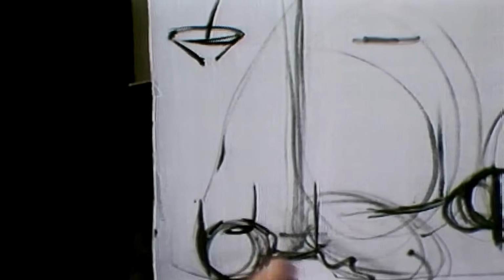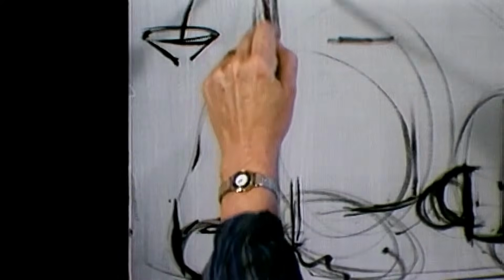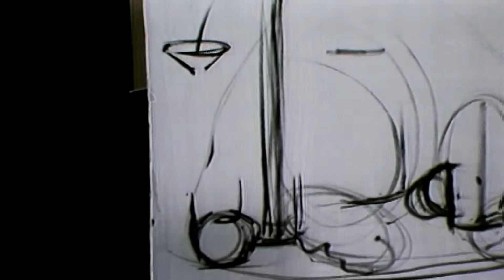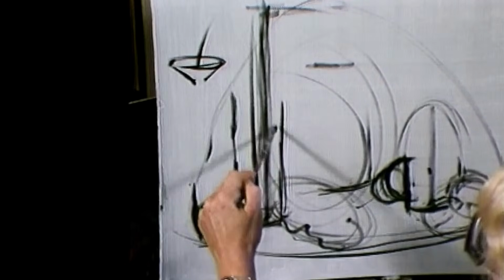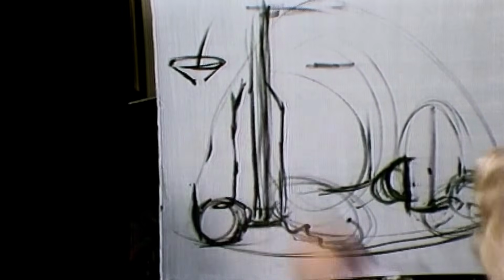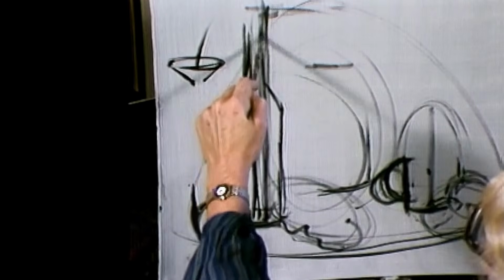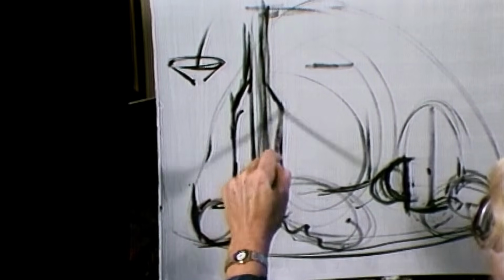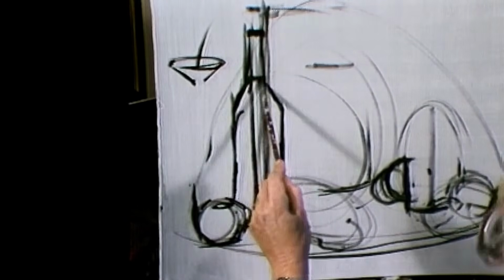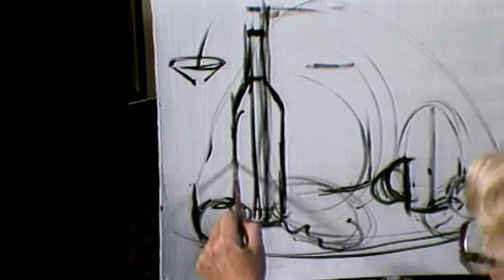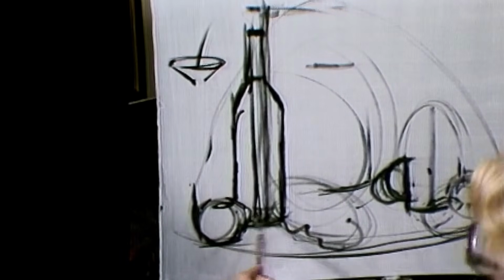Now, the proportion of the bottle, and of course the bottle's anatomy is that it's a straight line, and then you just have to draw equally on either side, taking into consideration the elements of its shape. It has a top section, a neck section, I call this the shoulder section, and then the easy part.